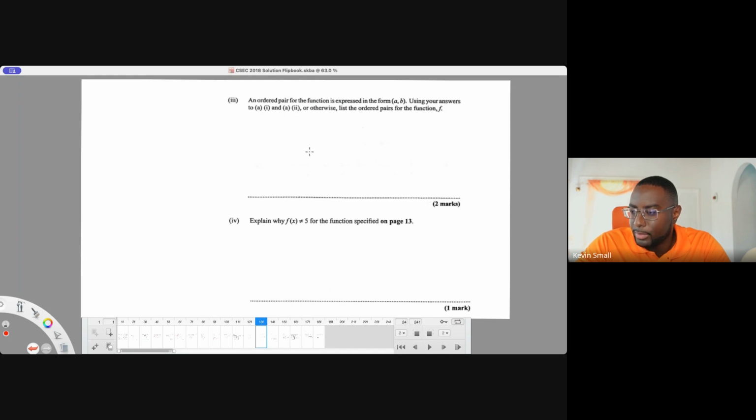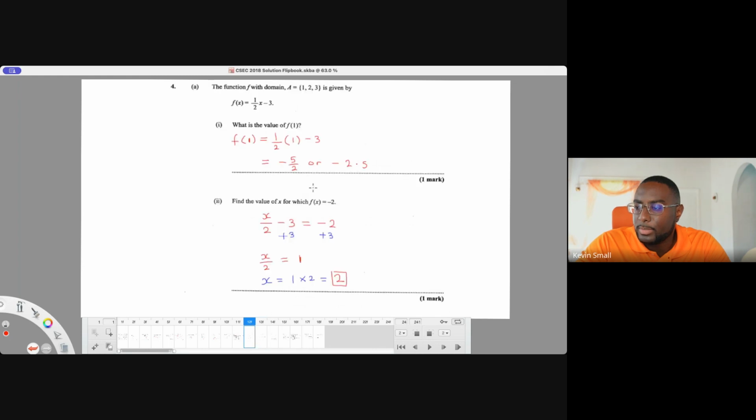Remember, the function only has a specific domain. So if you look back at the function, it only can take in 1, 2, and 3. So those are the only numbers that can go into the function. So what would be the ordered pairs for this function?